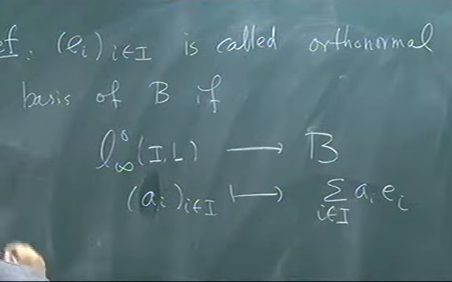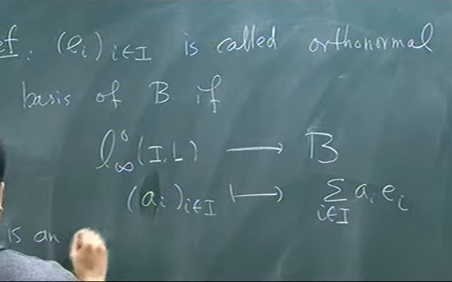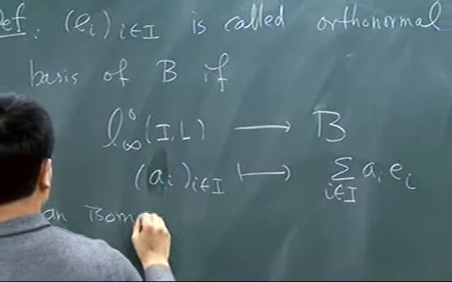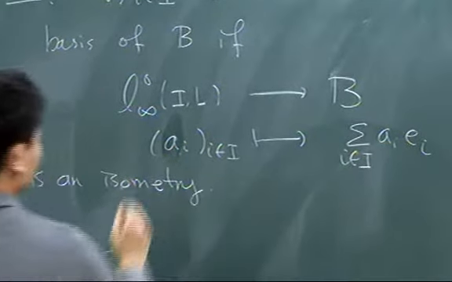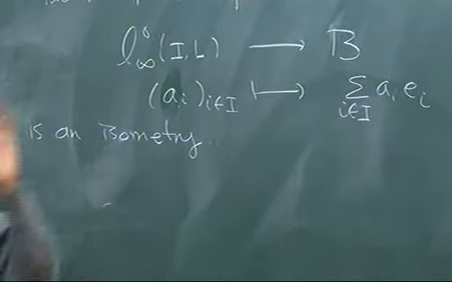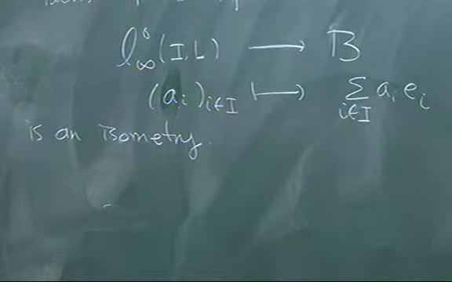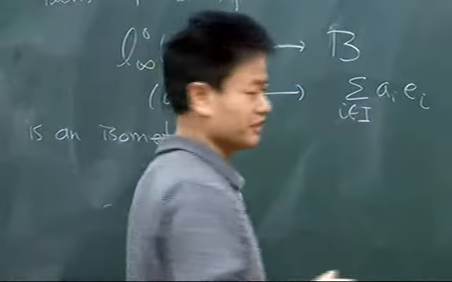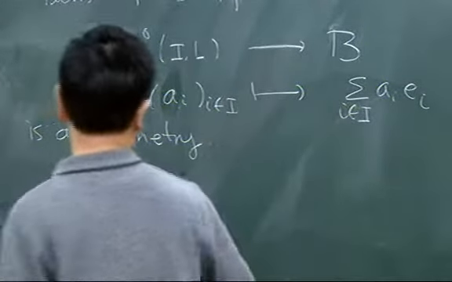It's an isometry. Isometry means it's not only an isomorphism, but it also keeps the distance invariant.